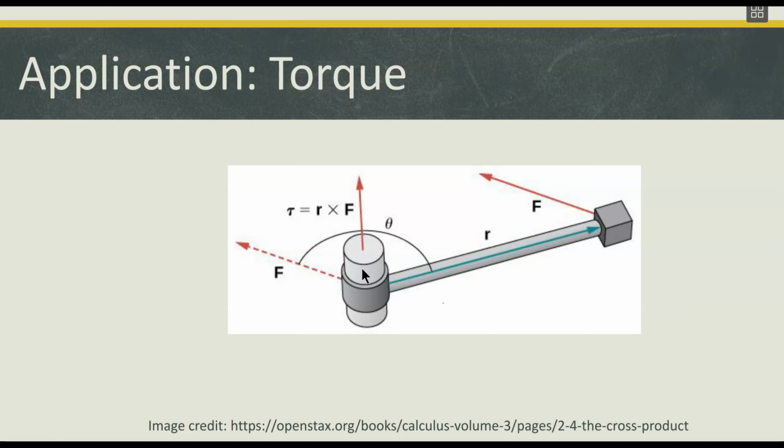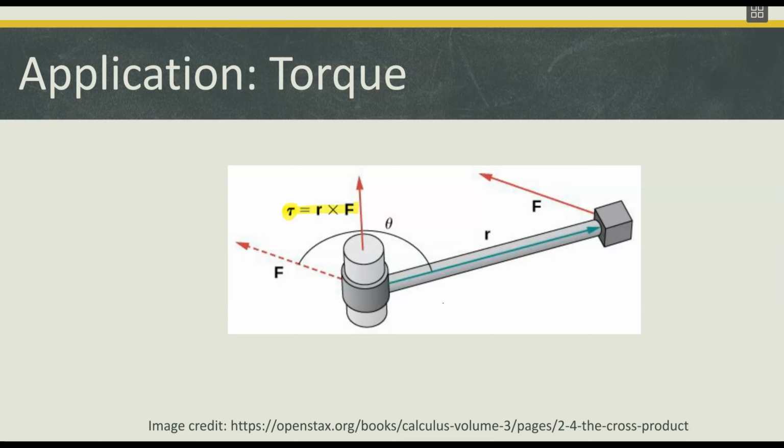Have your index finger pointing in the direction of R, your middle finger in the direction of F, and if your thumb is perpendicular, it shows you the direction of the cross product. So it is an upward pointing vector. So basically then this represents the rotational force or the torque.